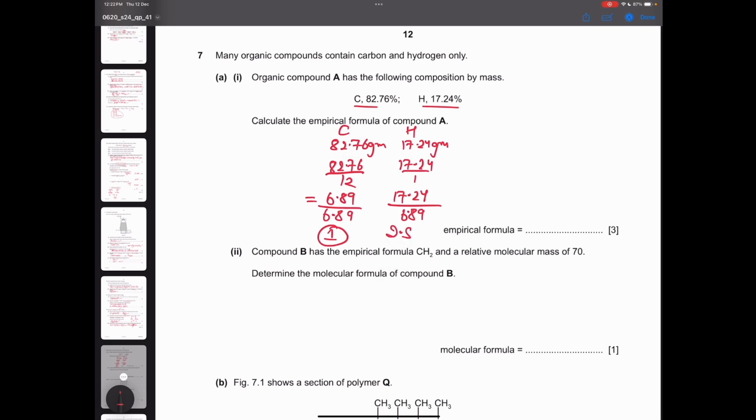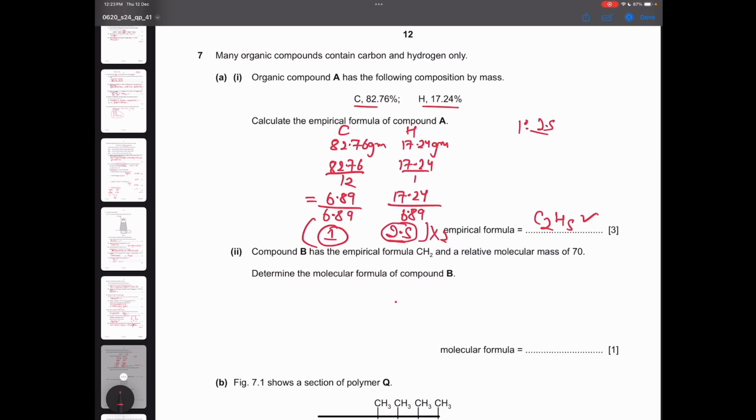Now, this is the simplified ratio, but a ratio cannot be in the form of decimals, right? How can you say 1 is to 2.5? Not valid. Atoms cannot be in the form of decimals. So, we need to multiply both the numbers by 2. It will turn out to be C2H5. This is the simplified ratio in whole numbers.